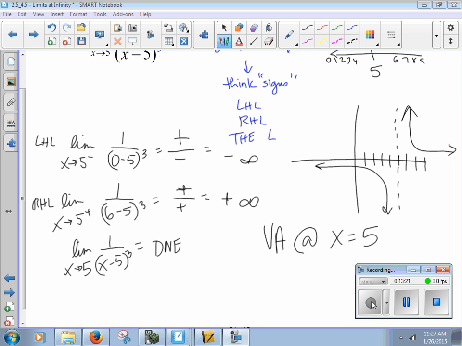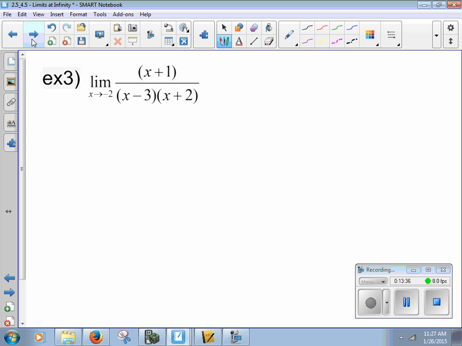Okay? But we can find the left and the right-handed limits of these, right? Let's do one more. I just want you to know that's going to be helpful to you in just a little bit. One more. It's easy because it's already factored for you.